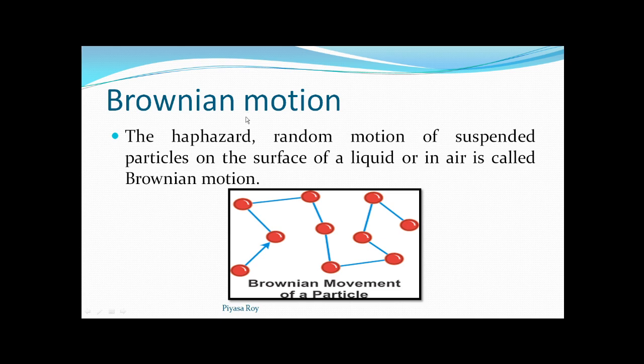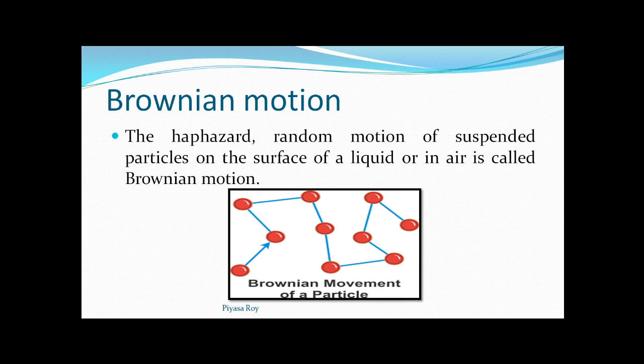Brownian motion is another proof of the motion of the particles. So what is this? The scientist who first noticed this was Robert Brown, and for his name this motion is called Brownian motion, because he noticed this motion first.